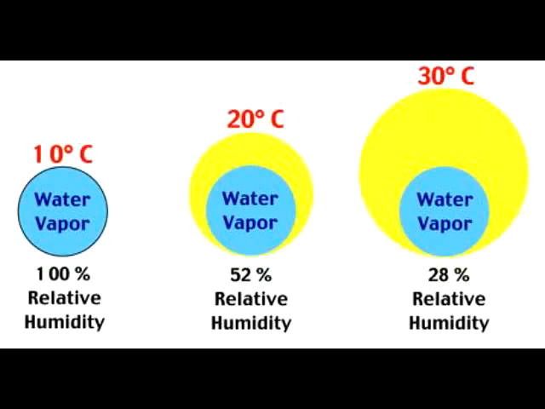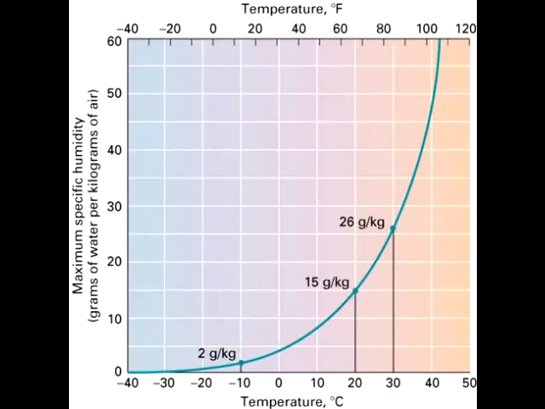For example, if you increase the air temperature, you increase its ability to hold water vapor, and by that you decrease its relative humidity. A relative humidity of 50% means that the air contains half the amount it could at a given temperature.